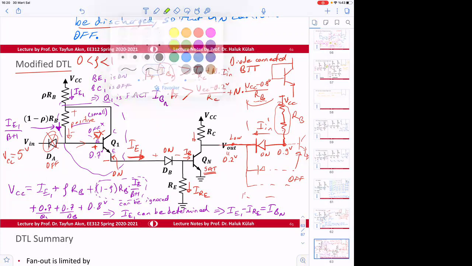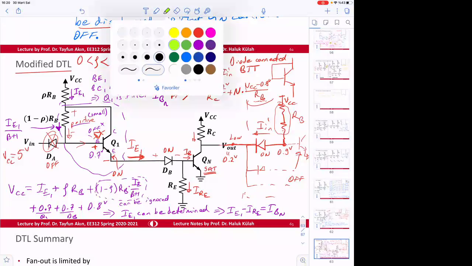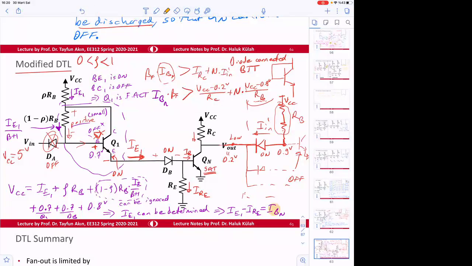This one is carried here. That's how we can find the fan out. So the interesting thing here is that rho RB times IE1. Sorry, I made a mistake here.